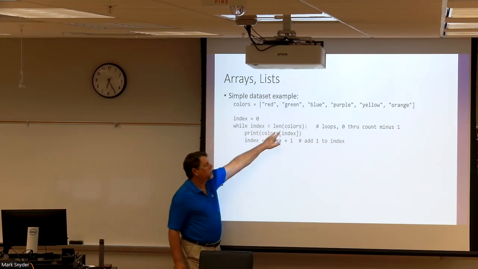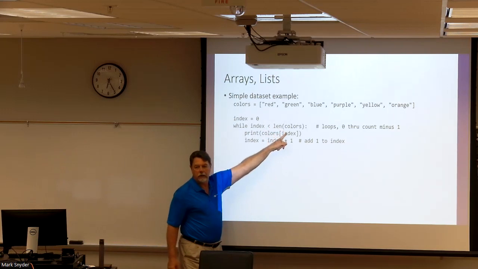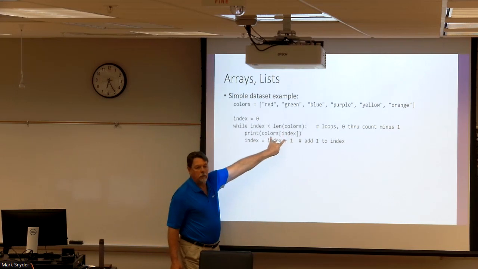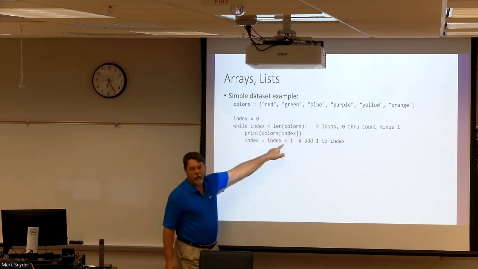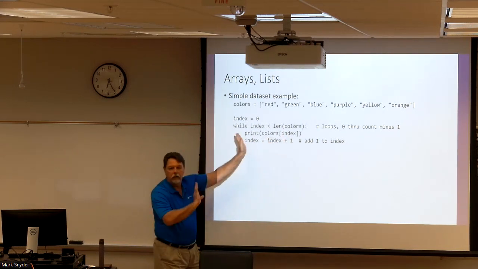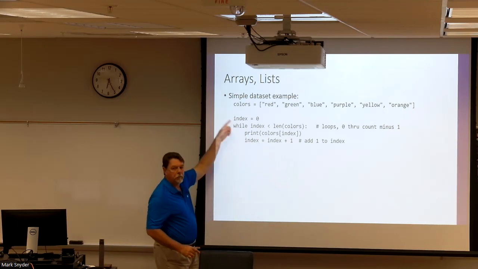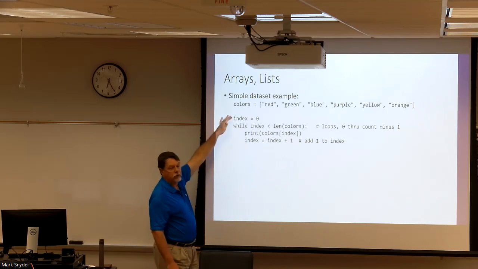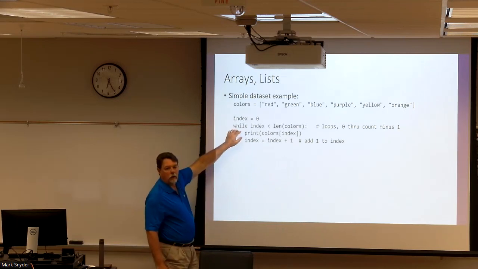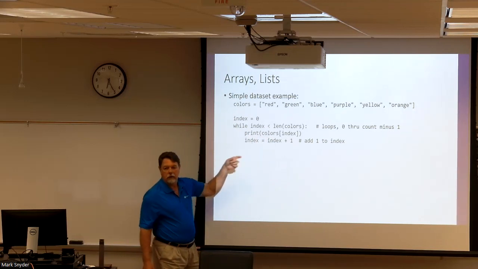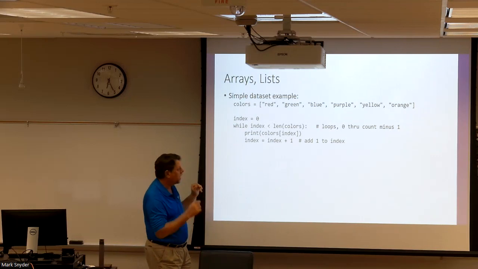While my loop variable is less than the number of items in the list, I print that item. And then I update my loop variable. So if you take the fact that we're introducing lists out of this, this is nothing more than a typical while loop. It has all the rules: set your loop variable, a while loop condition, update your loop variable inside the loop. No different than what we've been doing.